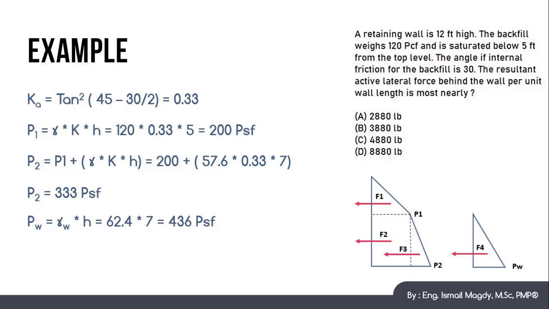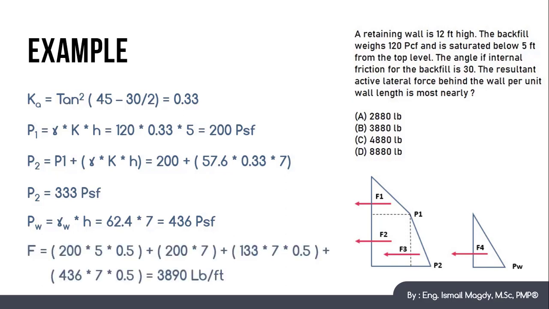Now we will calculate the F, which is the total force behind this wall. To calculate F, we will just calculate the area of this pressure shape, which is the triangle for P1, the triangle for P2 in addition to this rectangle. So it will equal 200 multiplied by 5 multiplied by 0.5, which is the triangle for P1, in addition to 200 multiplied by 7, which is this rectangle under the P1, in addition to 133 multiplied by 7 multiplied by 0.5, which is the P2.